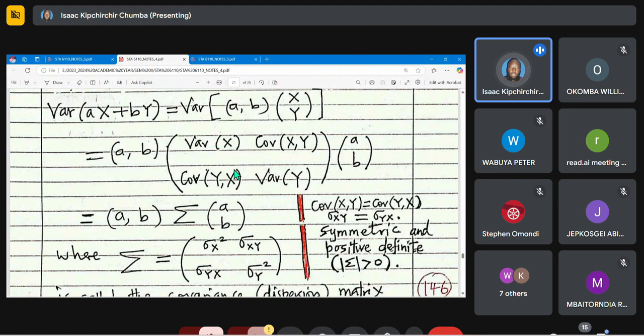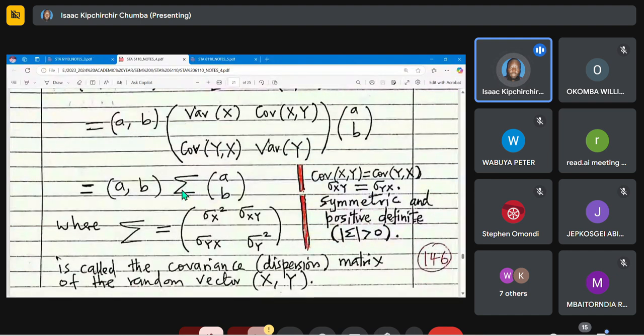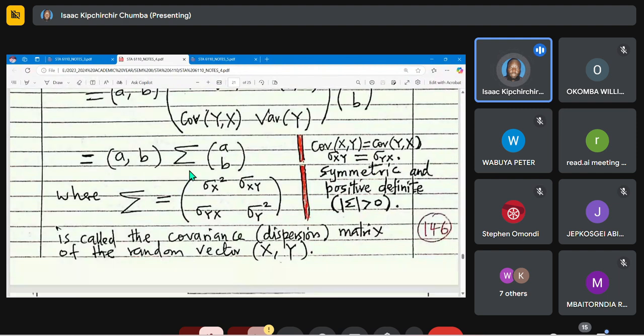So we capture the variation and covariation using this matrix. We usually denote it by the Greek uppercase letter sigma, which is usually used for summation, but in this context we use it to denote that matrix, which we call the dispersion matrix or covariance matrix.